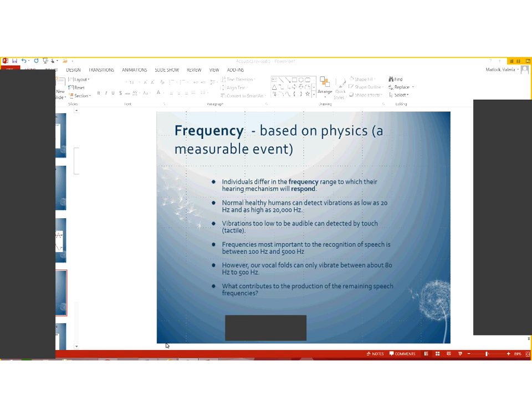So for instance, the sound S will have a higher frequency or acoustical characteristic, around 4,000 hertz, then the M would be lower in frequency, fewer cycles per second.